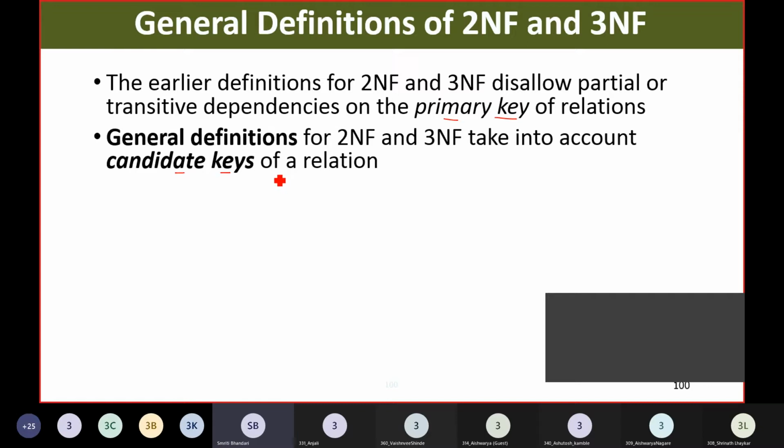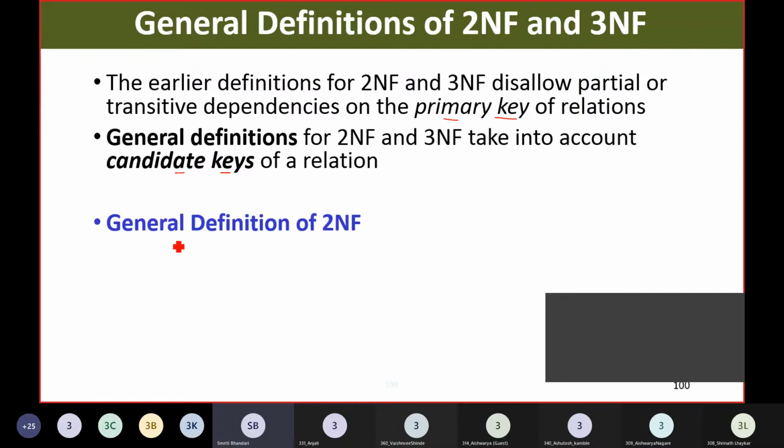So far in the definition, we considered only the one primary key of the relation. But if we would like to generalize those definitions of 2NF and 3NF, instead of considering only the primary key, we are considering the candidate keys of the relation.